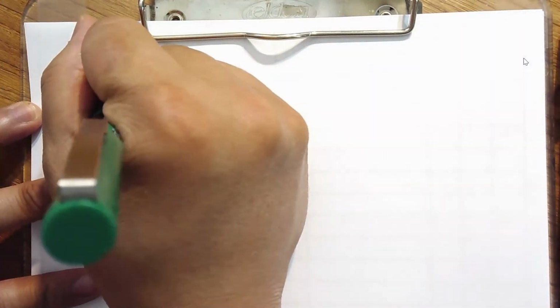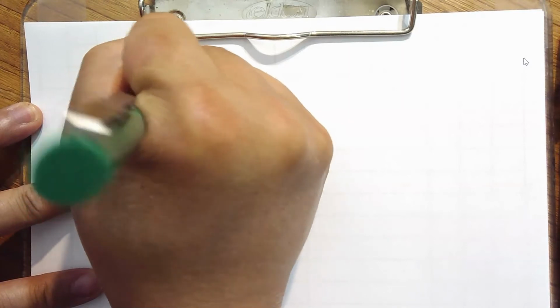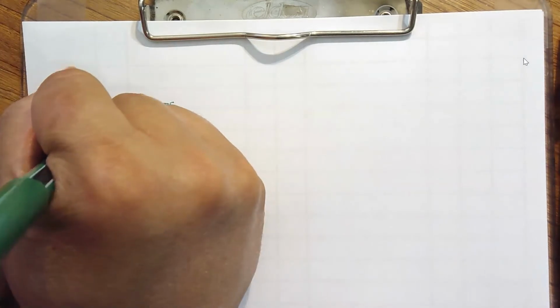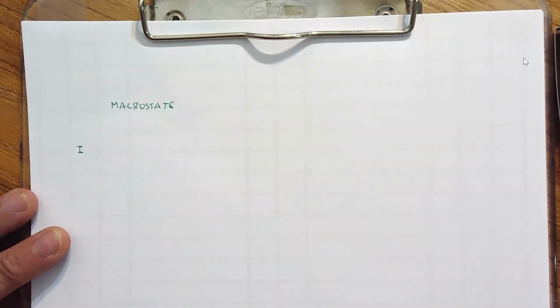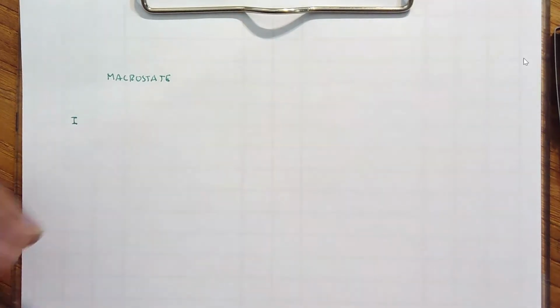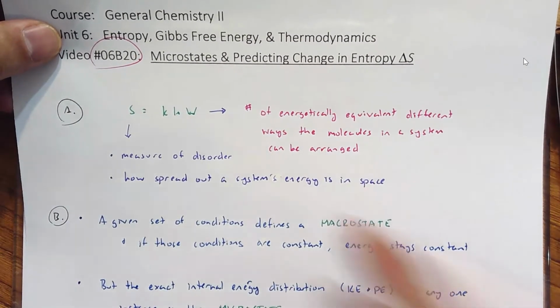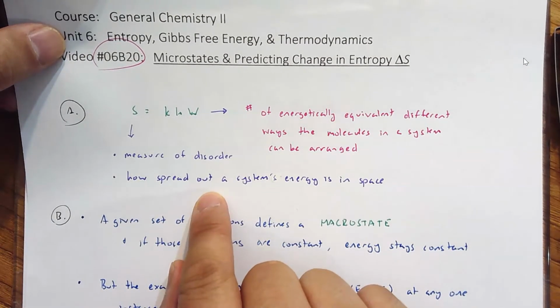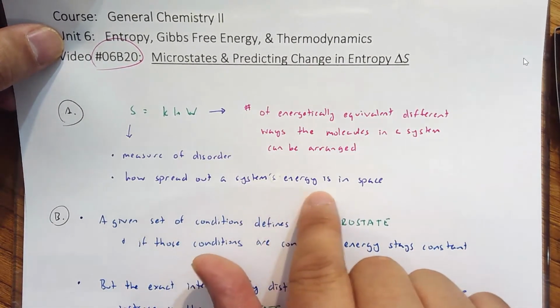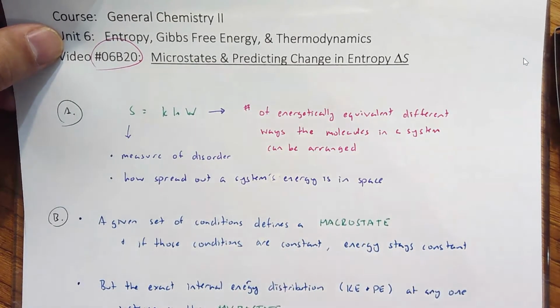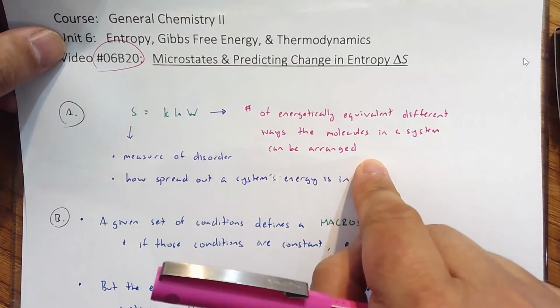Let's just concentrate on diagramming what's going to happen to those 4 molecules. Those 4 molecules could occur in several different arrangements. Entropy is how the system's energy is distributed in space, and W is how those molecules are arranged. So we are getting to this idea of the Boltzmann equation.